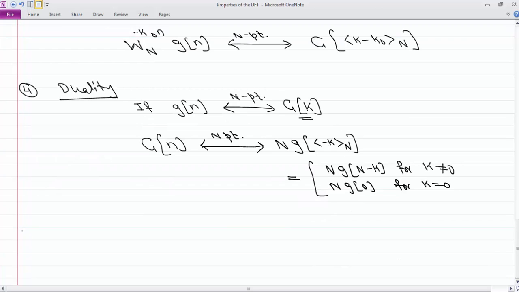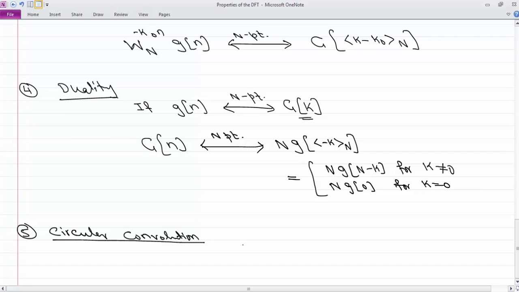Okay, the next property, which is the most important property that you should know about, is called circular convolution. And this property, if you remember, we talked about at the start that there are two main reasons of using DFT. One reason is that it helps us do spectral analysis. We talked about that earlier. The other reason of using DFT is that it helps us do processing of discrete time systems in a much faster fashion.